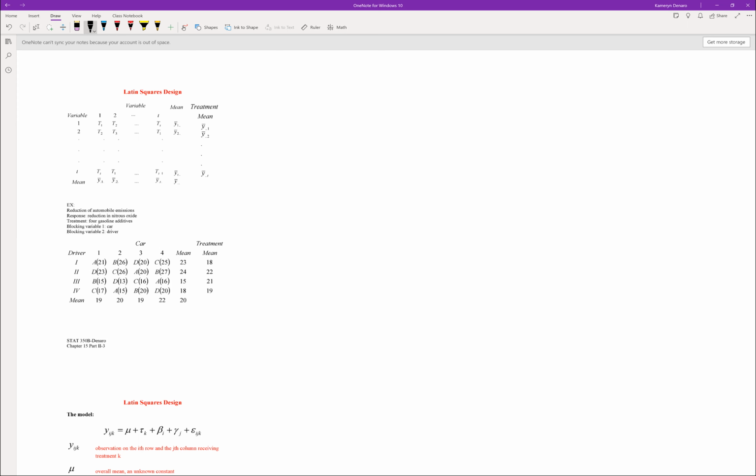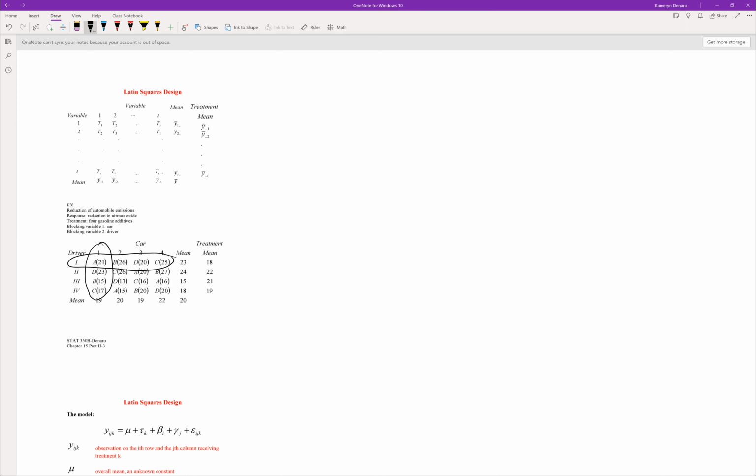So we're going to compare 4 cars, 4 drivers, and look at the differences in the gasoline additives while blocking for the car and the driver. Here you notice that we randomly assign the treatments such that in the column we have A, B, C, and D, and in the row we also have A, B, C, and D, okay?